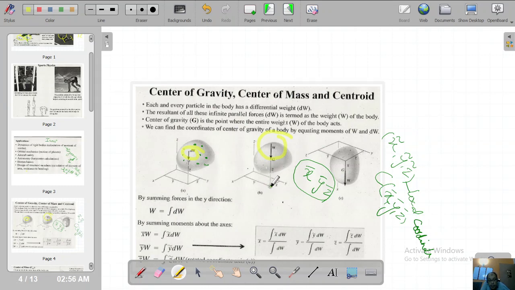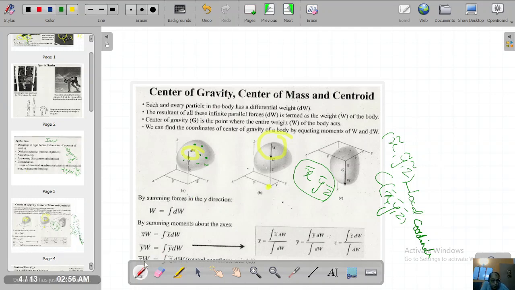This is your weight W along the z-axis, and this is the differential weight dW acting along the z-axis.